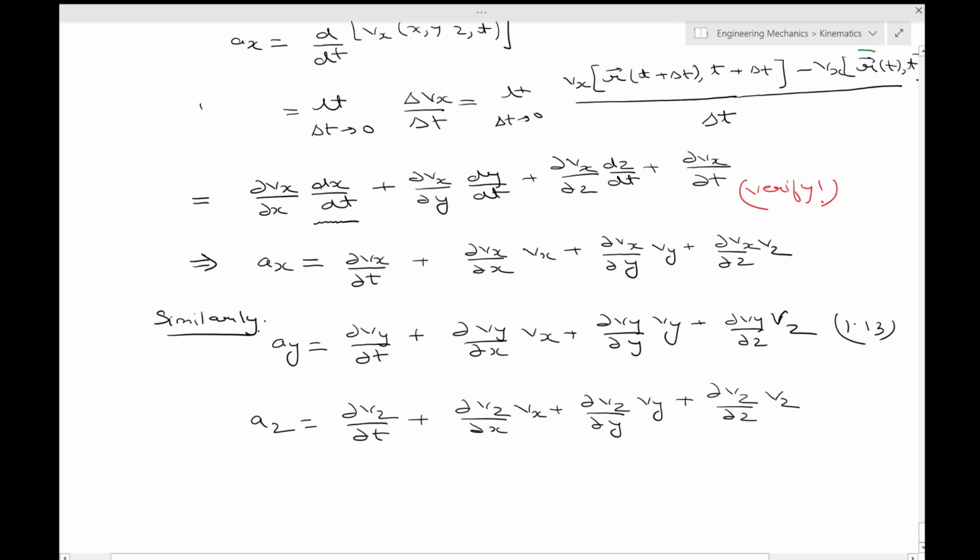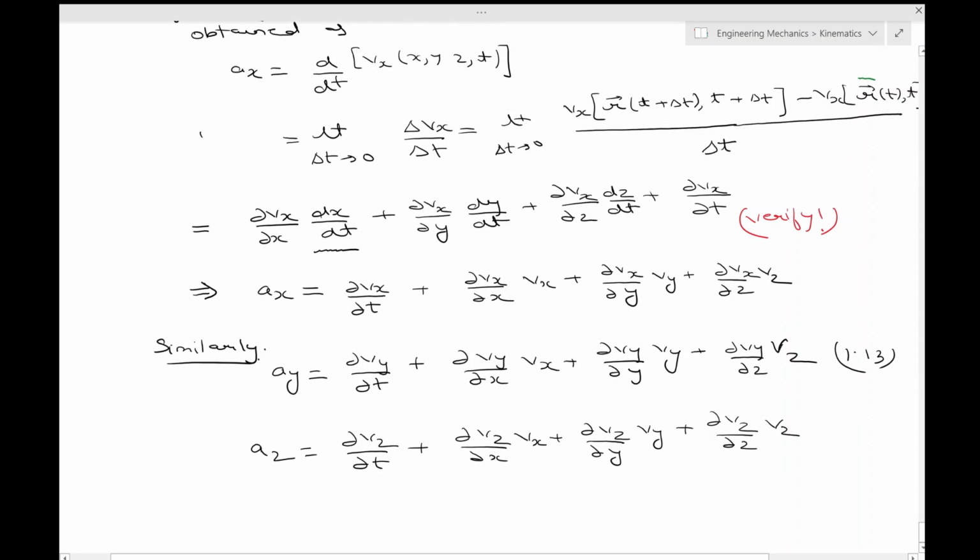I'll use different colors perhaps over here, let me use green. So d by dt is a material time derivative.